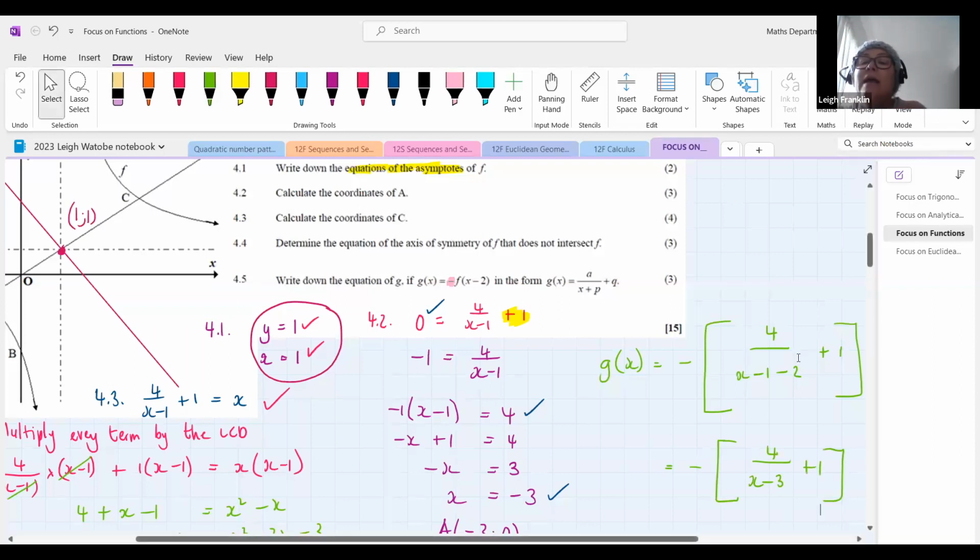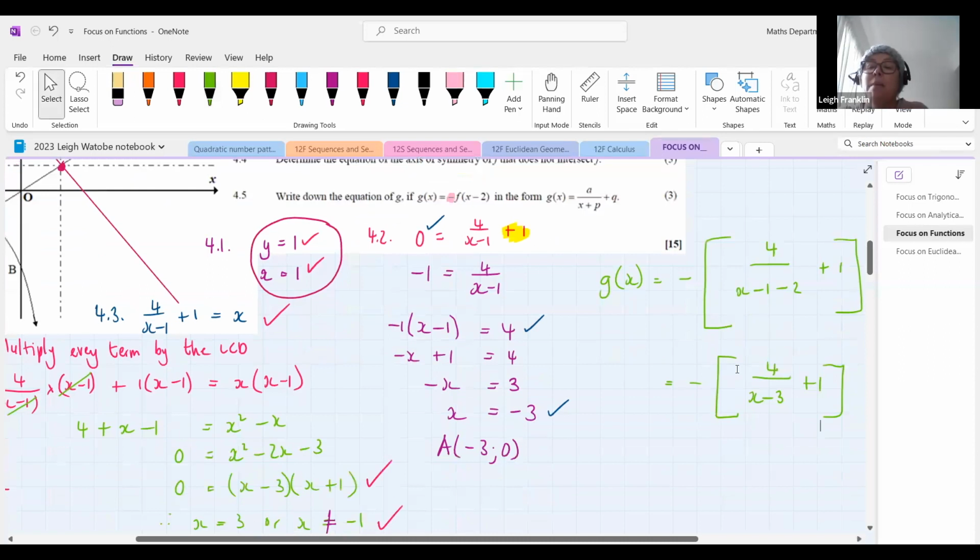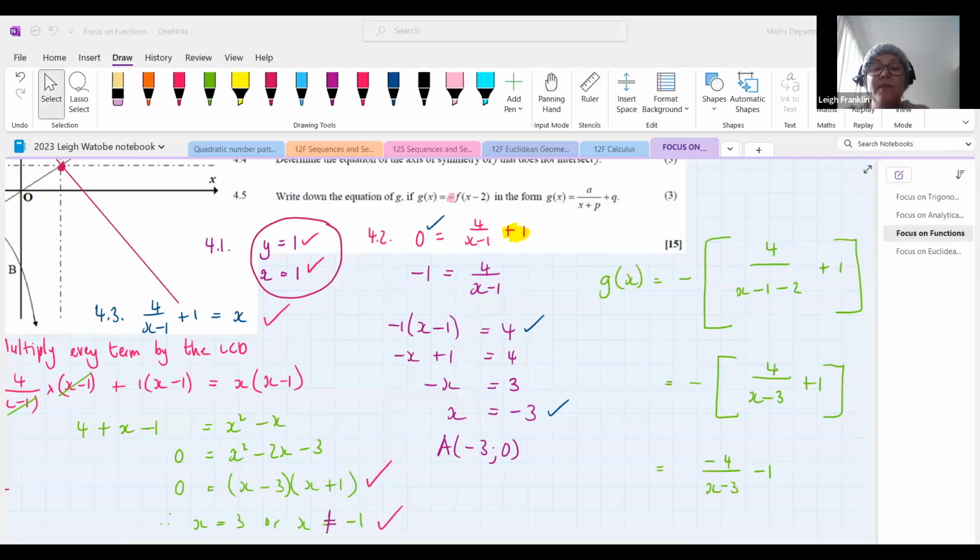And now it's like a mapping rule. Exactly, Lebogang. So this would give us minus 4 over x minus 3, minus 1. So I've expanded that negative to both terms, and that would be how we would do question 4.5.